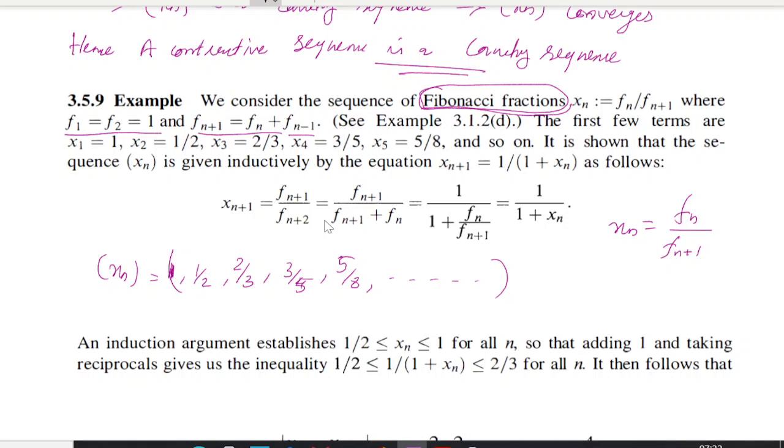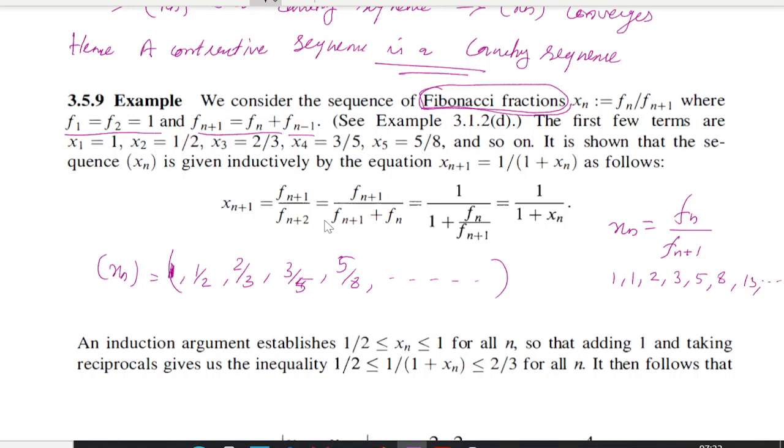What is Fibonacci sequence? 1, 1, next value 1 plus 1, 2, next value 3, next value 5, next value 8, next value 8 plus 5, 13, etc.